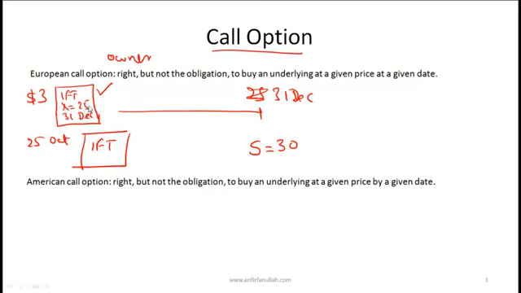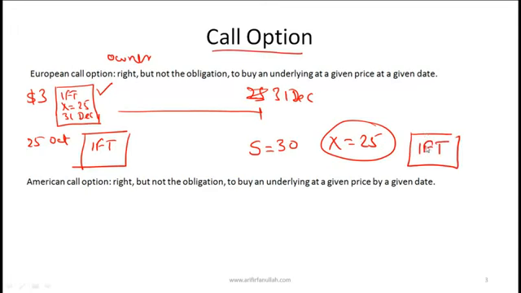So what that means is you will go to the short party or the counterparty, in other words the party that sold this option to you, and you will pay that party the strike price of 25. This is called exercising the option. So you will pay $25, and when you pay $25, you will now actually own the share of IFT.